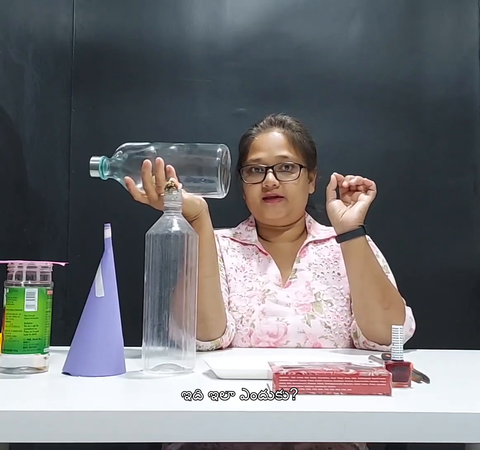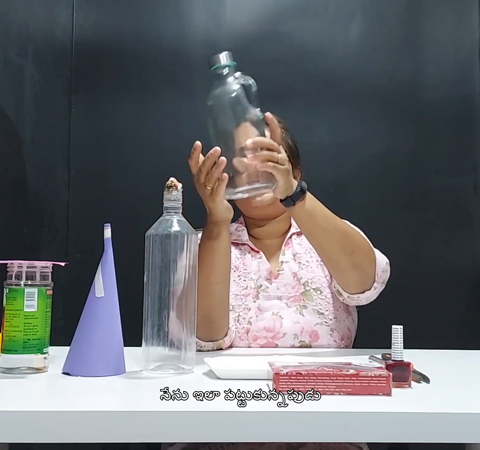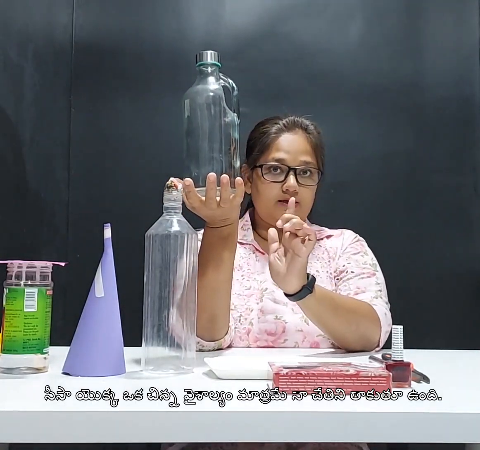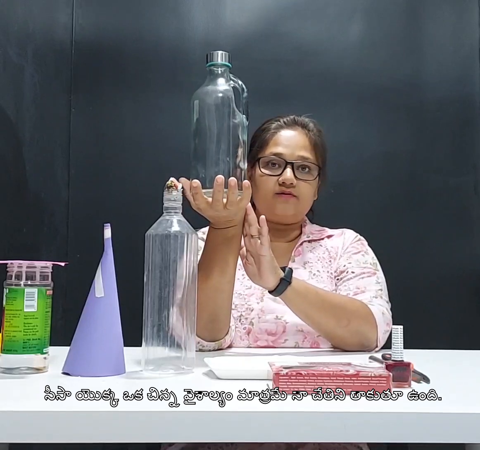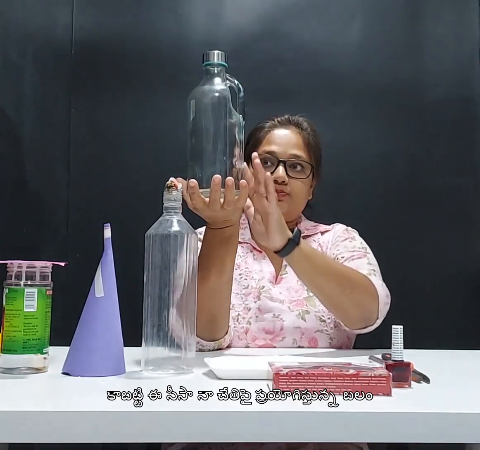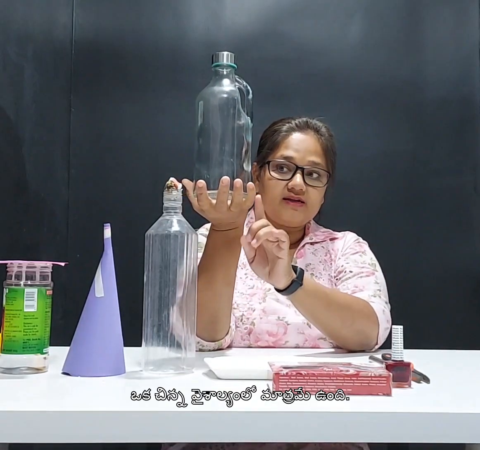Why is it happening? It's happening because when I am holding it like this, a very small area of the bottle is in contact with my hand. So the force that this bottle is putting on my hand is on a very small area.